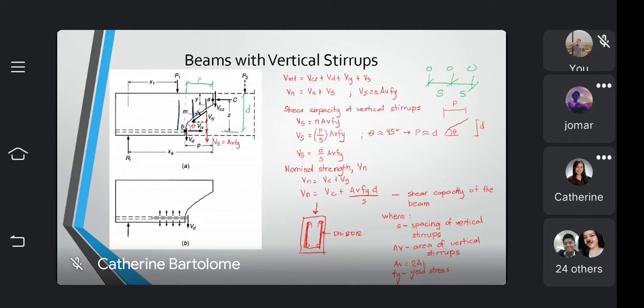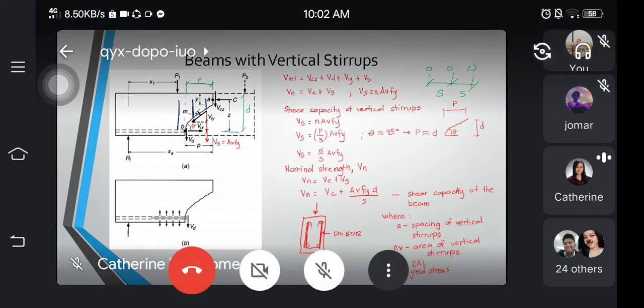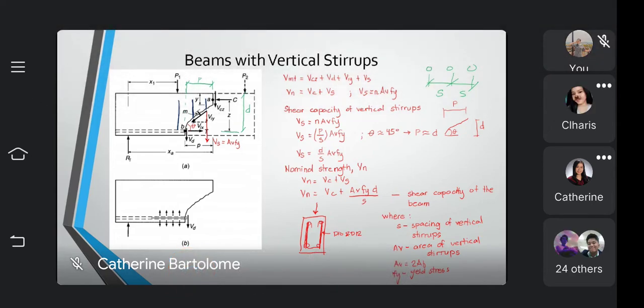Okay, do you have any more questions? Clarification? None? Ma'am, how did p become equal to d here? p is equal to d because we said that the angle of the crack is 45. But take note that it is not always 45. You can compute it, but for simpler calculation, we assume that the angle between p and d is 45 degrees.